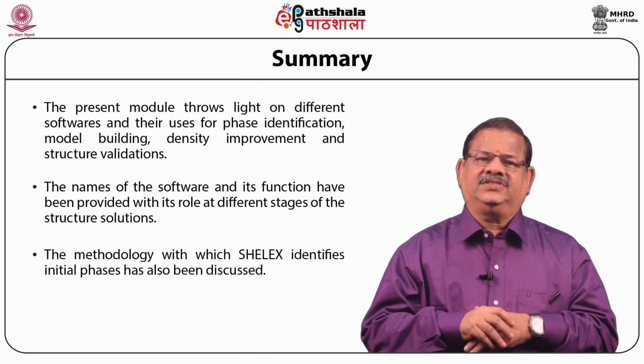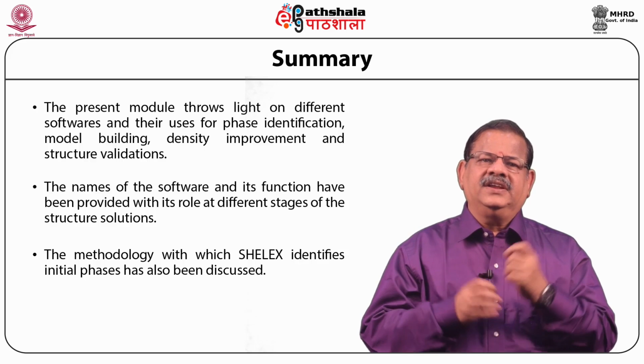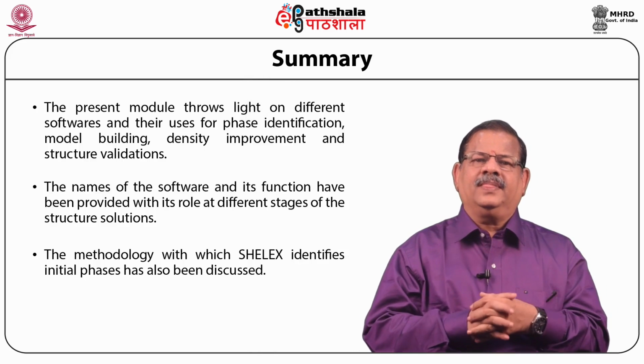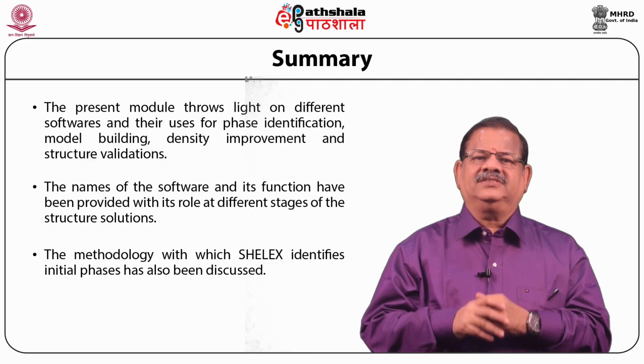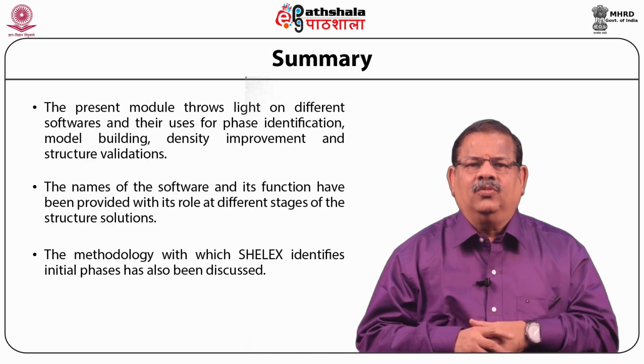The methodology with which the SHELXE suite identifies initial phases has also been discussed. This is purely based on the anomalous scattering, which will be pronounced at a wavelength where the anomalous part correction, F double prime, is more.